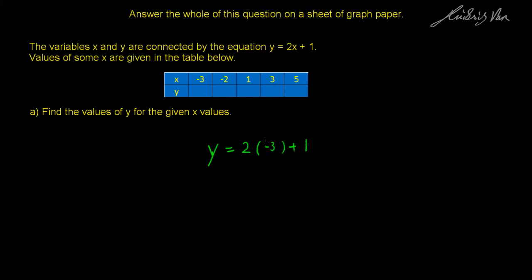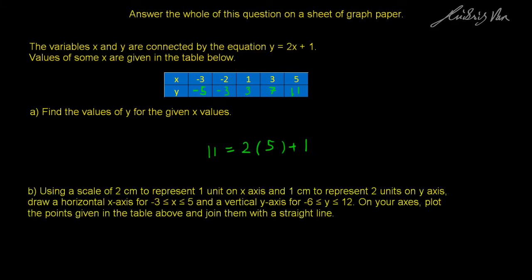When x is equal to negative 3, y is equal to negative 5. When x is equal to negative 2, y is equal to negative 3. When x is equal to 1, y is equal to 3. When x is equal to 3, y will be equal to 7. And when x is equal to 5, y is equal to 11.